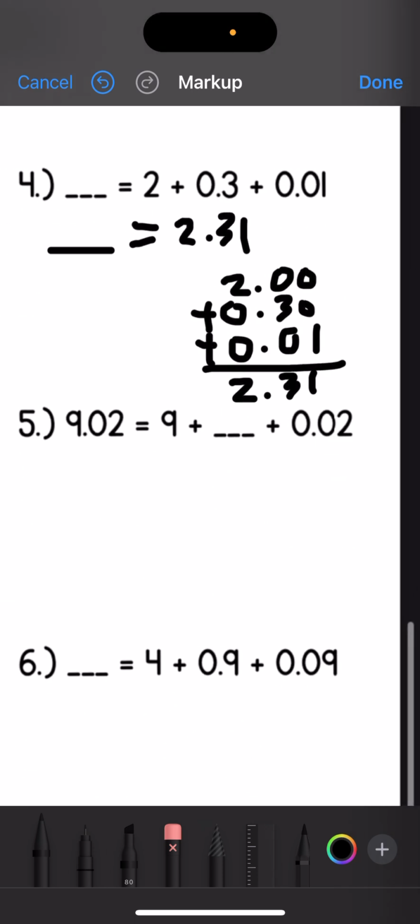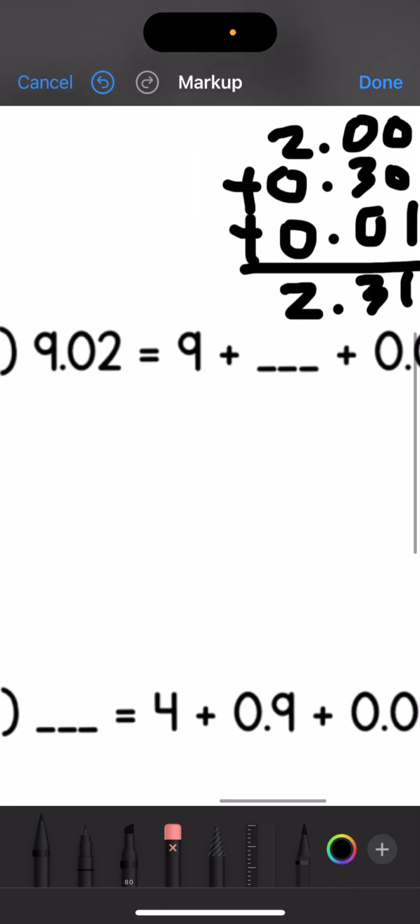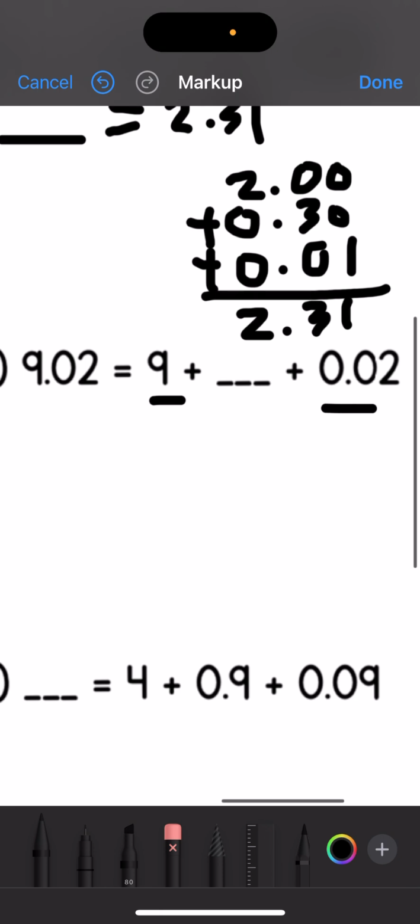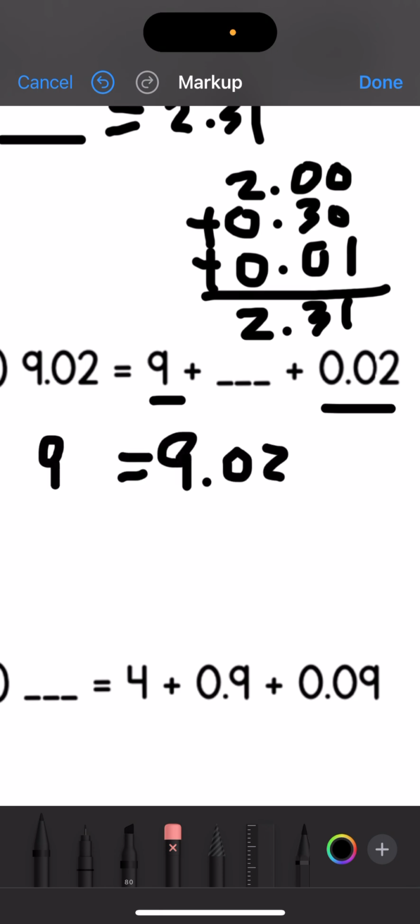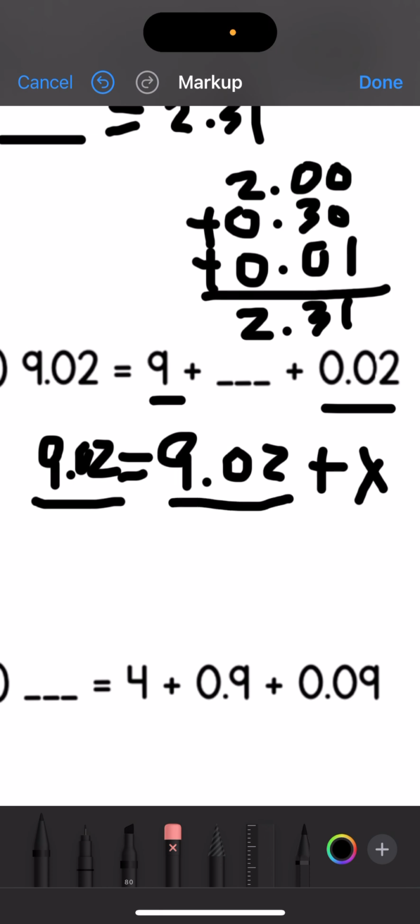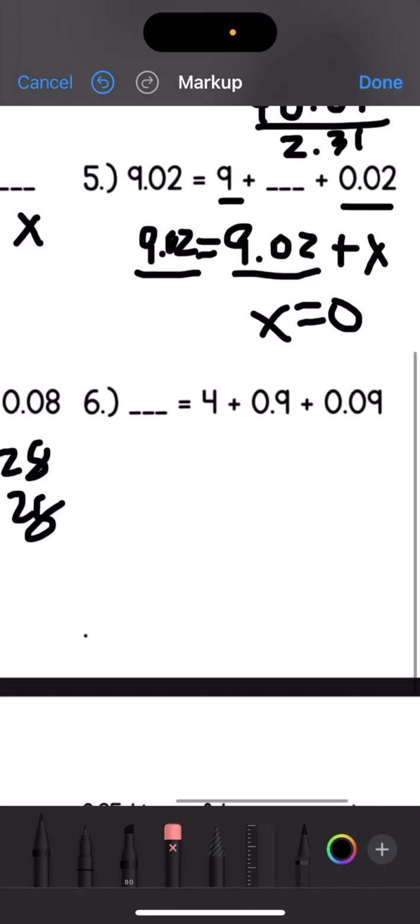Number 5, 9.02 is equal to this. Let's add 9 and 0.02. We will get 9.02 is equal to 9.02 plus x. What we realize is that 9.02 is on both sides, so we wouldn't have to add anything, so x will be 0 because we wouldn't add anything to it.